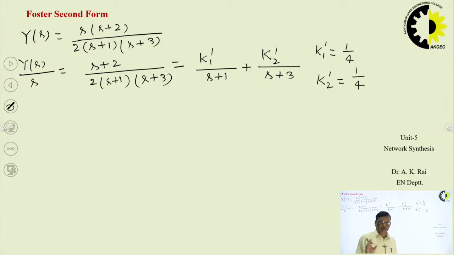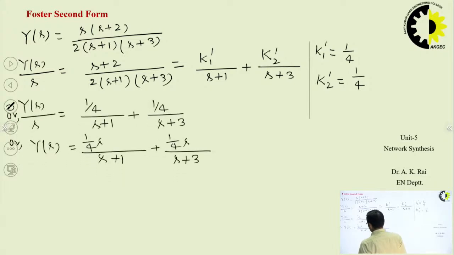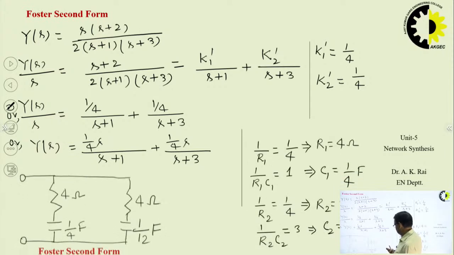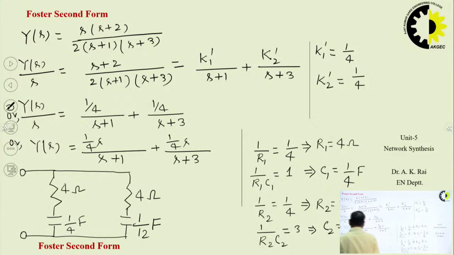For the admittance function we go for the Foster second, for the impedance we go for the Foster first. So just invert the function, the given function is ZRC, invert it and carry out the partial fraction expansion, we can get this. So this is the Foster second of YRC.